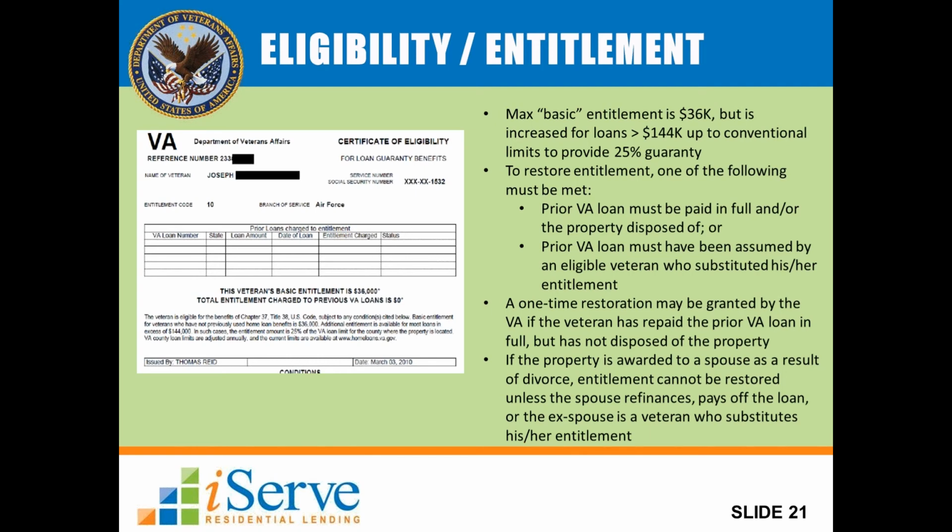Another important thing that I want to point out is on a divorced borrower, if the spouse was awarded the property but the spouse hasn't refinanced, or if they're not also a veteran, or pay off the loan in some other way, entitlement cannot be restored. That could be a little tricky.